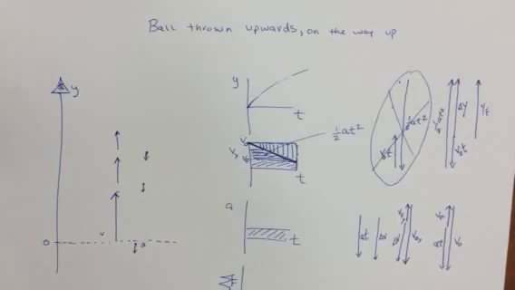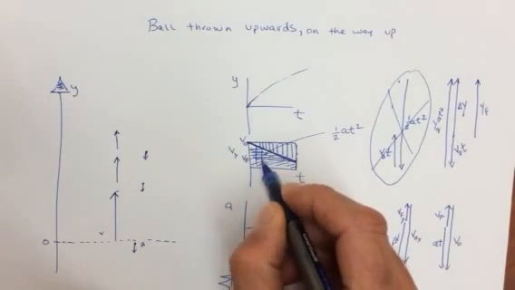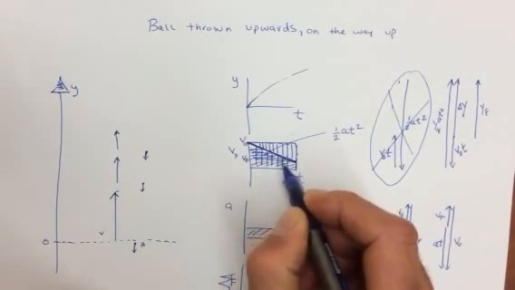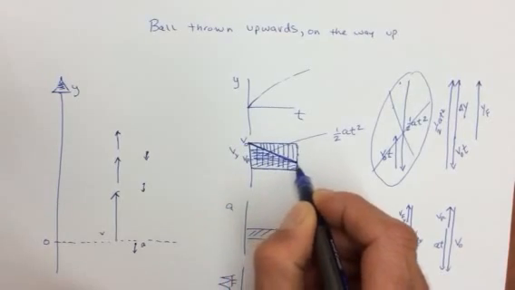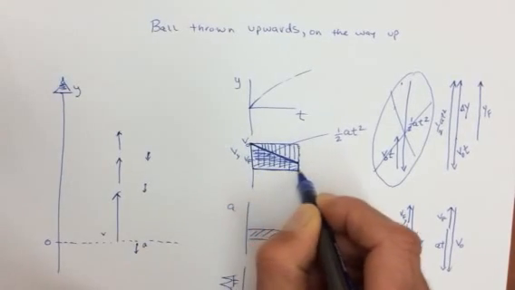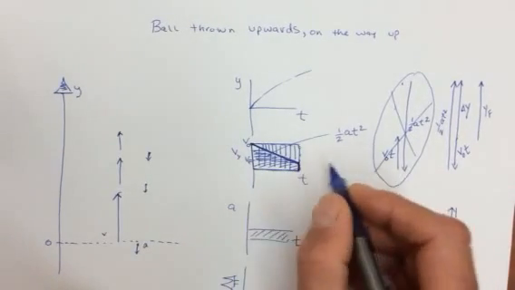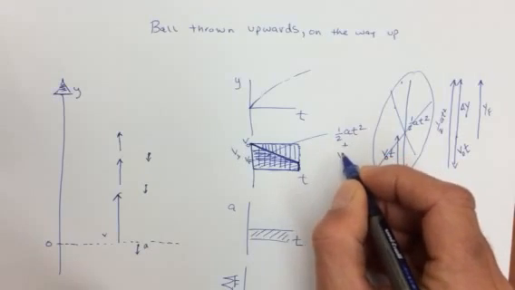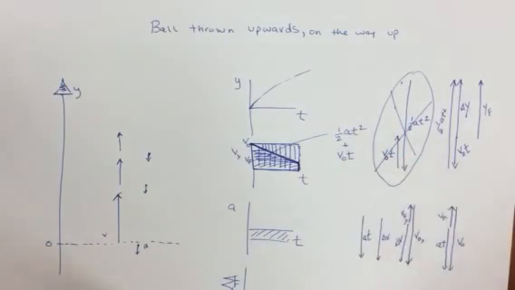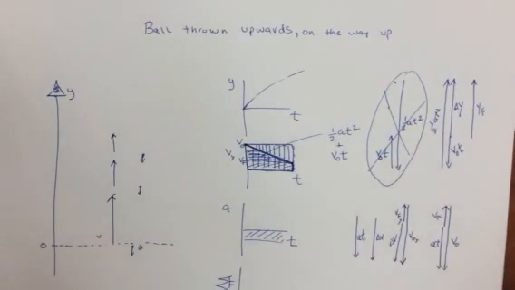So that's just giving you an idea of some of the relationships that we're talking about here. This trapezoid here, I can prove is always going to have an area of 1/2 AT squared plus v naught t.